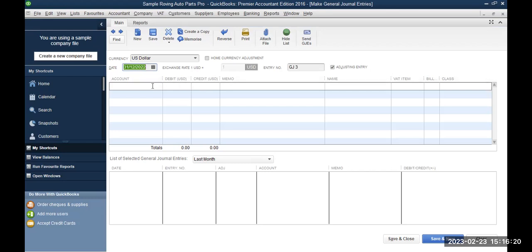So you have to pass a journal to debit your depreciation expense account, okay? And credit the different accumulated depreciation accounts for the different assets that you have, okay? So you expense the depreciation charge for the year and credit the accumulated depreciation in the balance sheet. Those are some of the year-end procedures that you have to remember to do before you close your year.